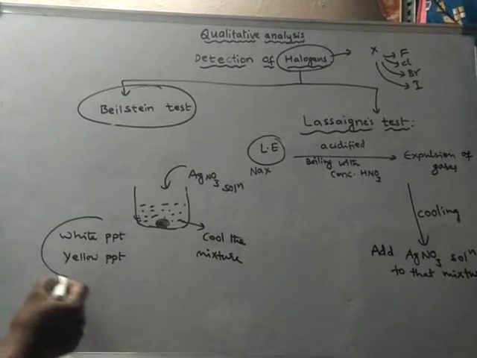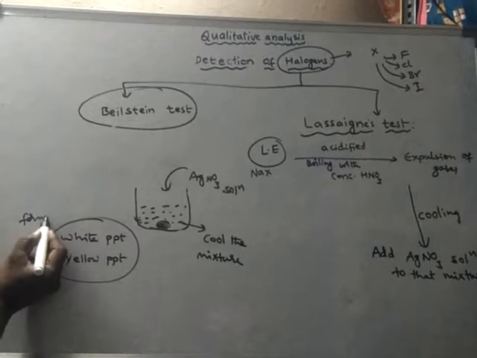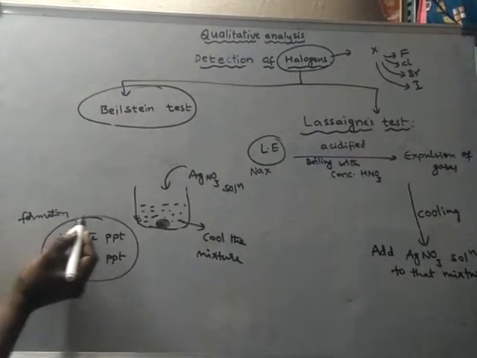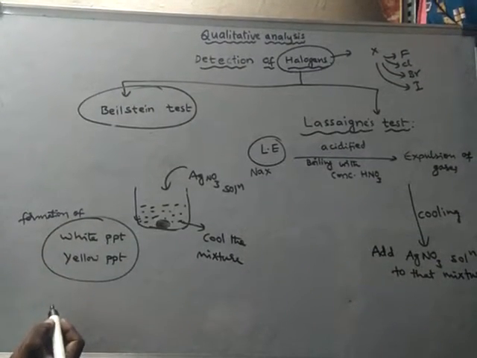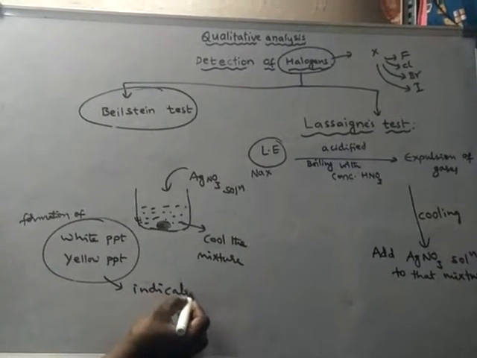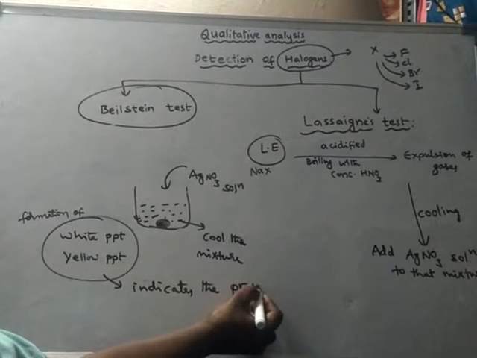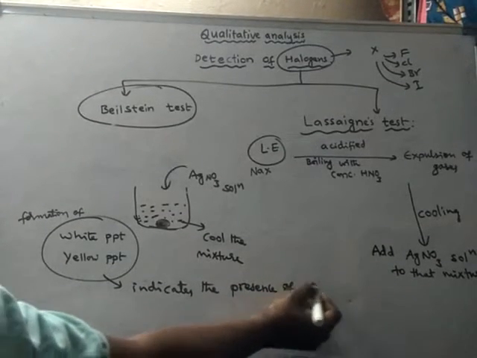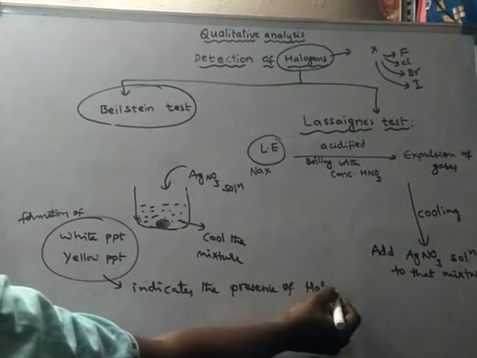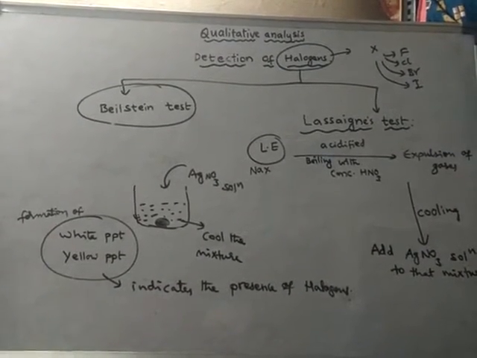The formation of a white or yellow precipitate indicates the presence of halogens in the organic compound.